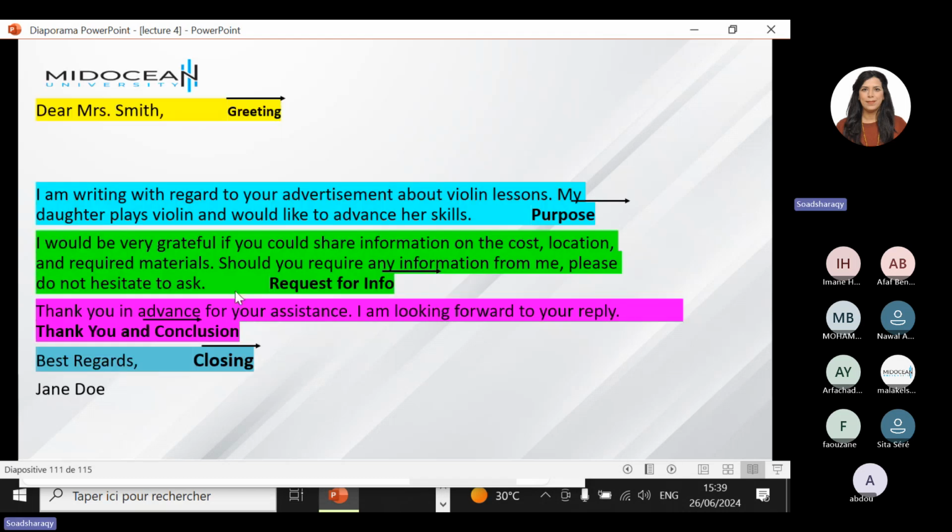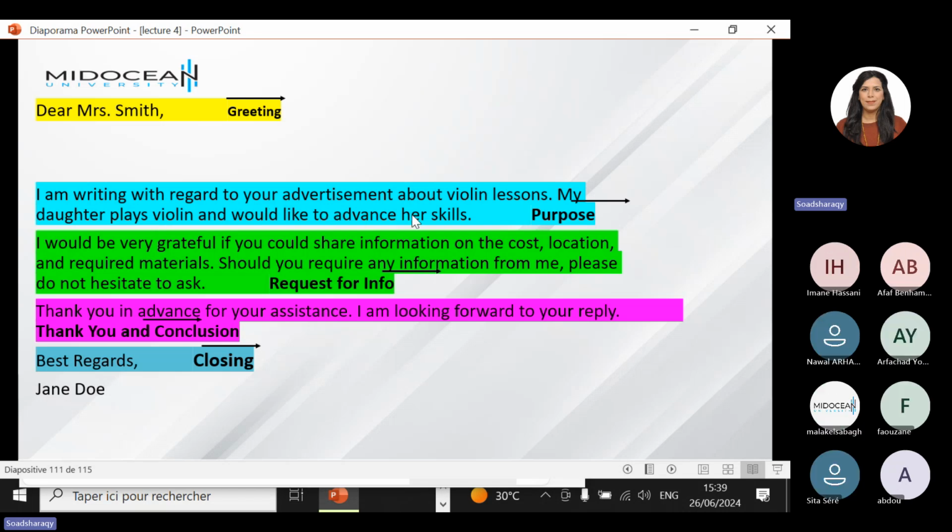Okay, here we have an example. Dear Mr. or Mrs. Smith, so this is the greeting. The purpose: I'm writing with regard to your advertisement about violin lessons. My daughter plays violin and would like to advance her skills. So here we see the purpose of the email.